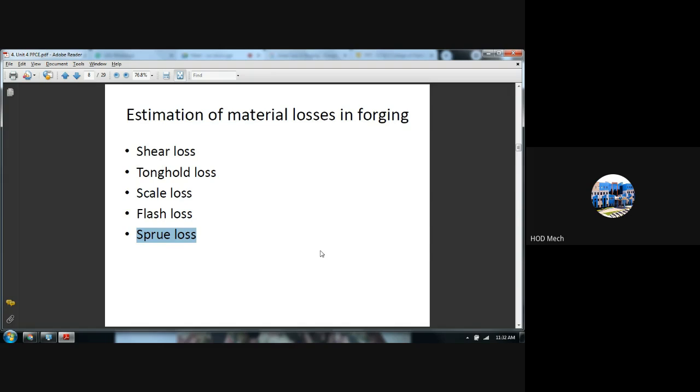But if another person is asked the same question and says shear loss is cut waste loss, there is a difference. In fact, both answers are right, but still the second person will rate higher compared to the first candidate. So this is the difference.